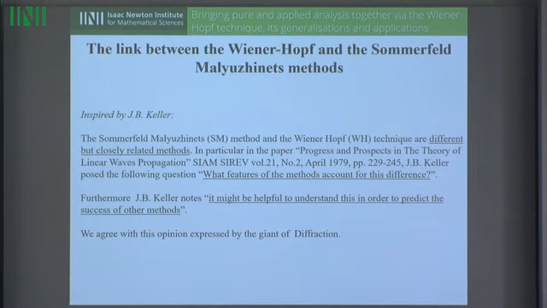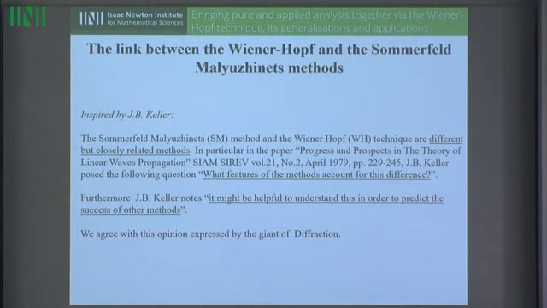With these lectures we try to find the differences and similarities between the two methods. In his 1979 paper, Keller asked what feature of the methods accounts for this difference? Finding the difference is important, but probably the relation between the two methods is even more important.